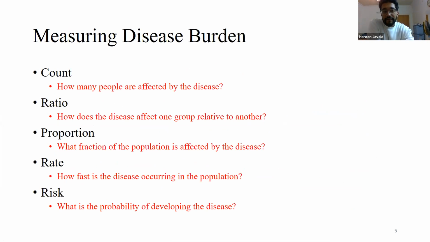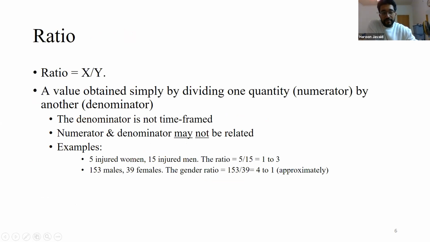Okay, now you have different types of ways to measure the disease burden, okay? So count is simply you measure the number of people in that group or affected by the disease or in that population. Now the ratio is basically you are dividing one value by another.